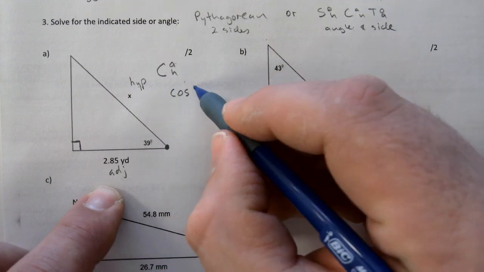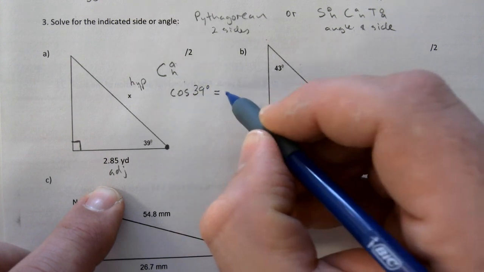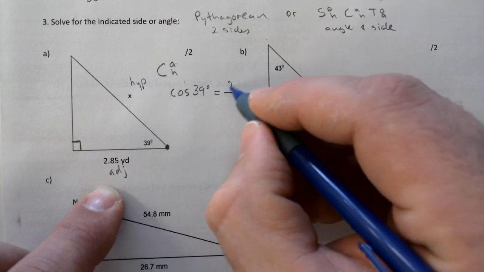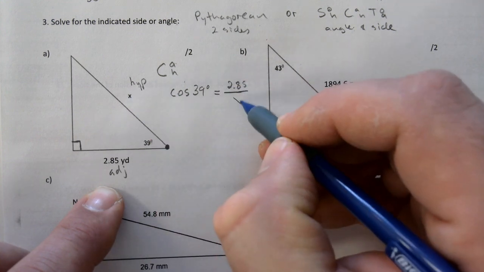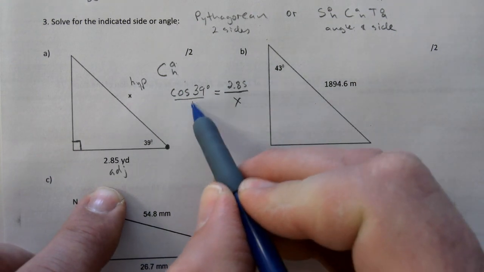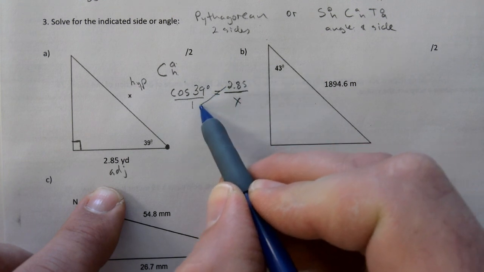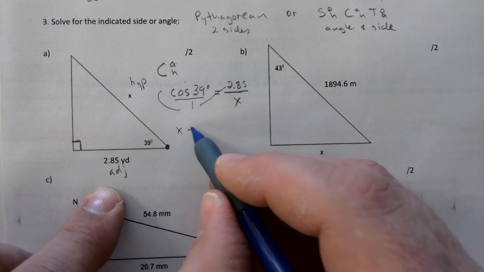Cosine of 39 degrees, it always needs to have an angle attached to it, is adjacent 2.85 over hypotenuse, which in this case is unknown to me. Okay, you put the 1 here. That means you're going to have to multiply by 1 and divide by cosine of 39.